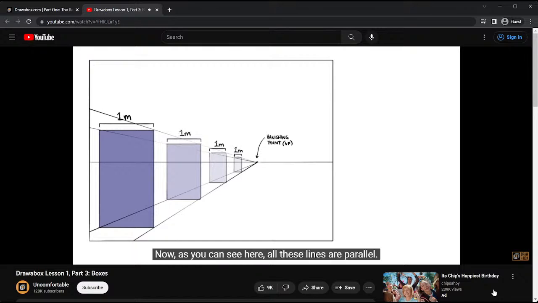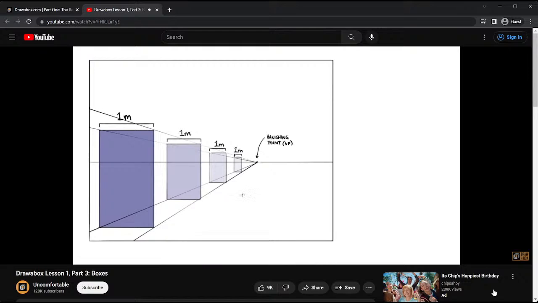Now, as you can see here, all of these lines are parallel. These ones here, all these lines are parallel to one another. And as they go off into the distance, they converge towards a single point far off in the distance.